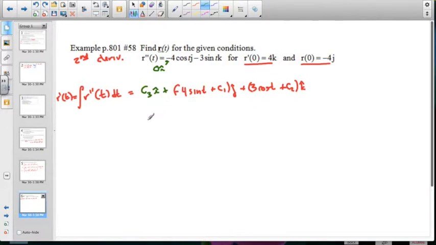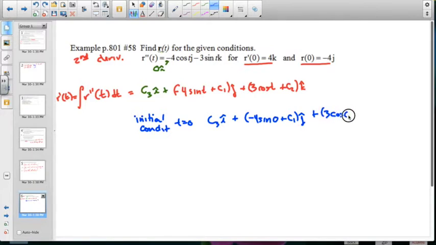And so if we look at that initial condition, for t equal to 0, then we have C3 i plus negative 4 sine of 0 plus C1 j, so I plugged in the t value of 0, plus 3 cosine 0 plus C2 k equals 0i plus 0j plus 4k.